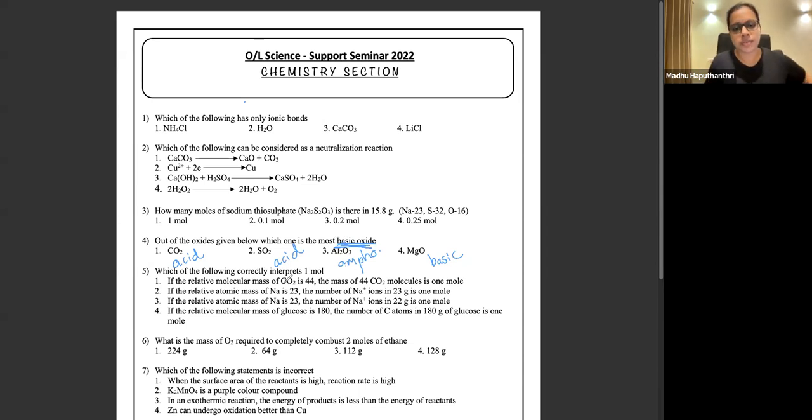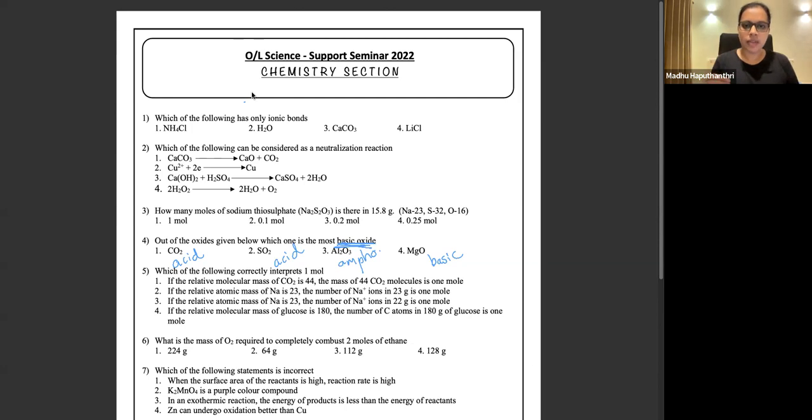Amphoteric means what? What do you understand by the word amphoteric? We will quickly refresh that part also. What is the real meaning of amphoteric oxide? So amphoteric means they have the ability to react with both acids and bases. They can equally react with acids and bases.